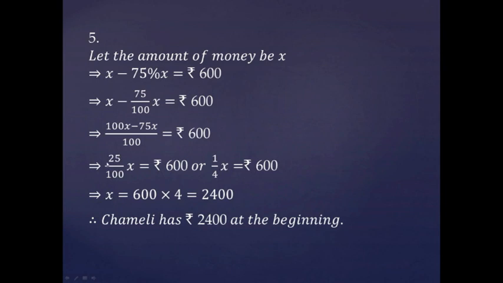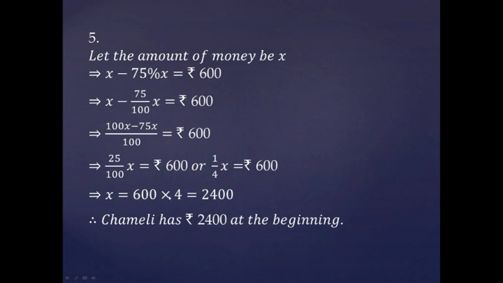Or if you cut down this 25 with 100, you will find 1 by 4. So 1 by 4 x equal to 600. So if you put this 1 by 4 to the other side of equal to, you have to reverse it. Then you have to put the reverse version of that rational number. 1 by 4 will become 4 by 1.